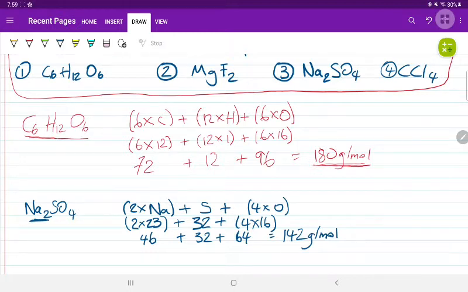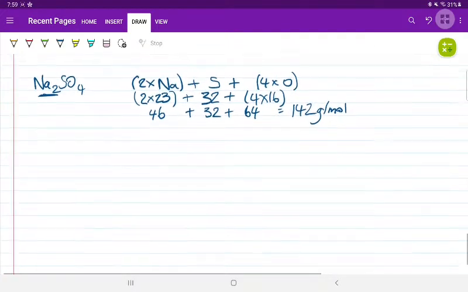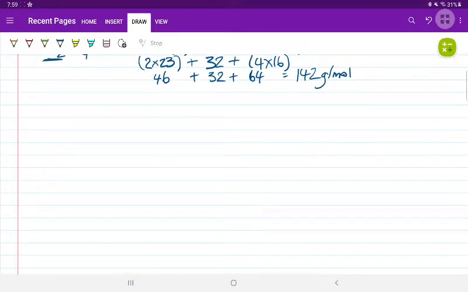Again, as you read and go through your text, just something that you may pick up and be curious about. Okay? I'm going to do one more with you, which is something that may look somewhat complicated, but it is not. Once you follow the same principle, you will never go wrong in terms of finding out relative atomic mass.